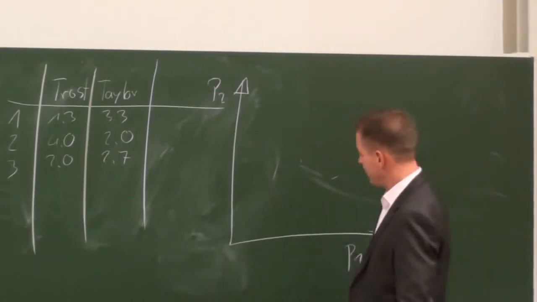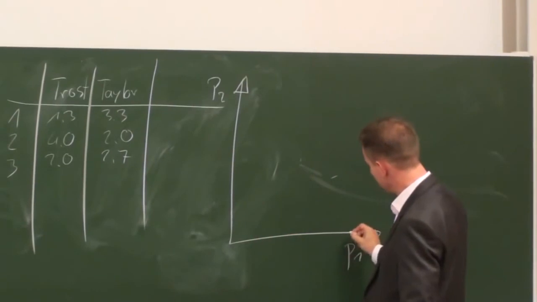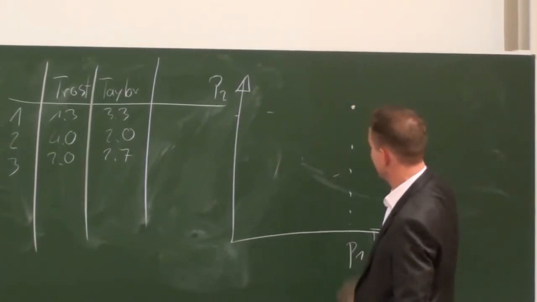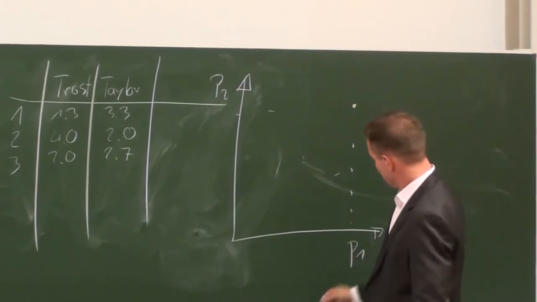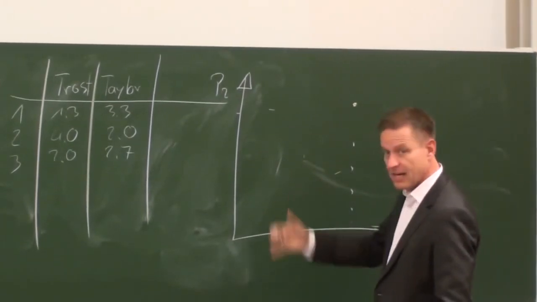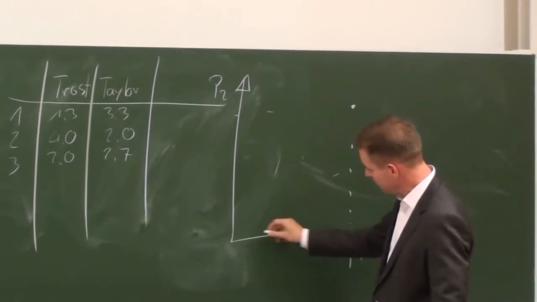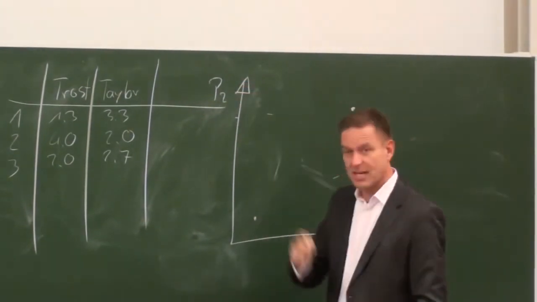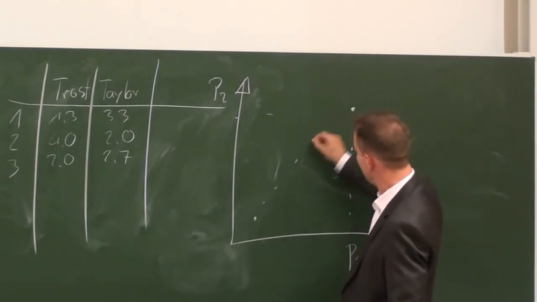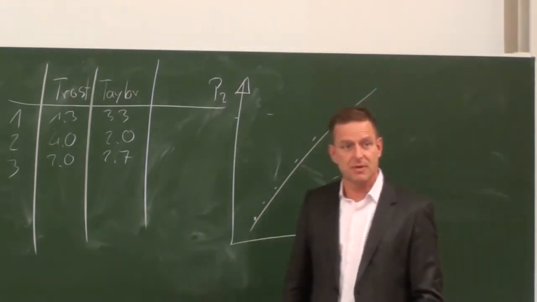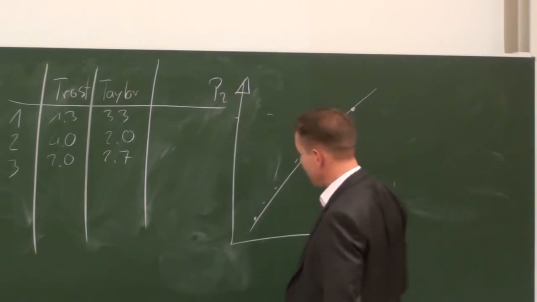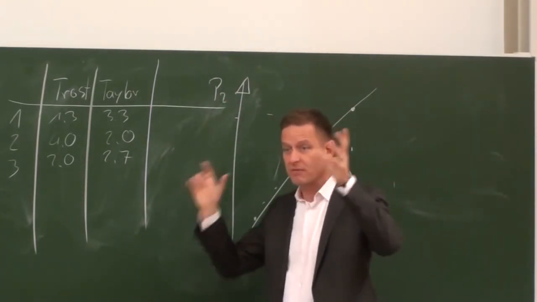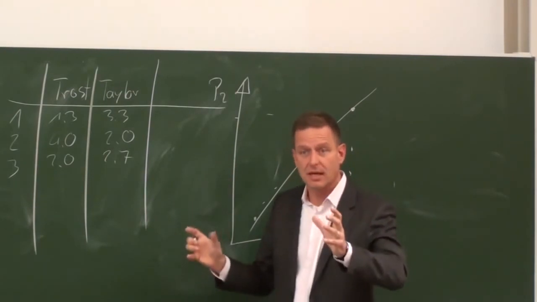Now, the first candidate is judged by this person and by this person. Okay, same results. The second candidate is judged by this person on this level and by this person on this level. Okay, same result. If this happens all the time, we have a perfect relationship, and they both independently come to the same conclusion. If we have something like this, we have perfect objectivity.